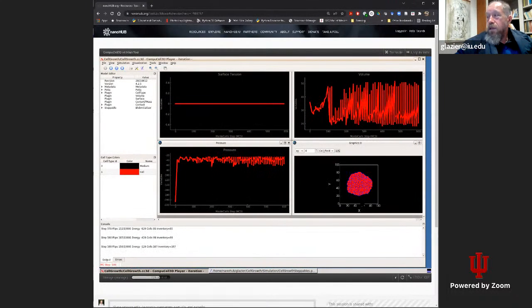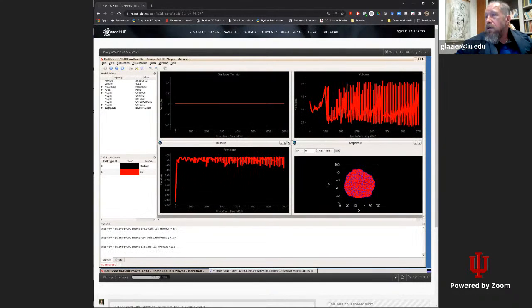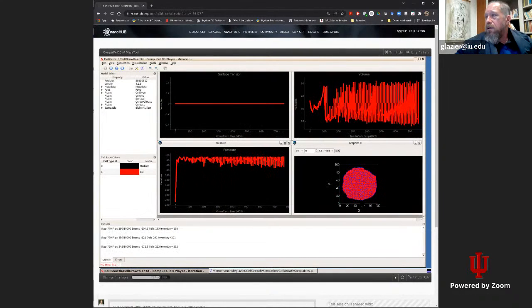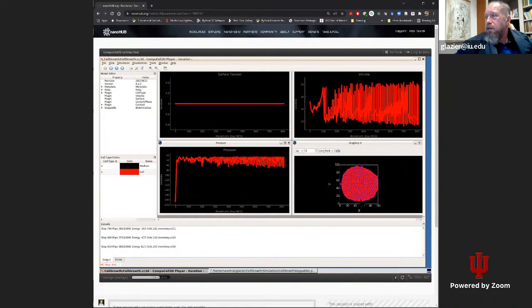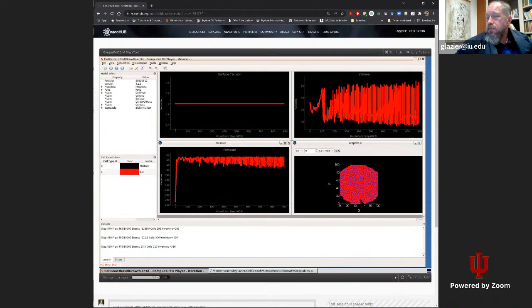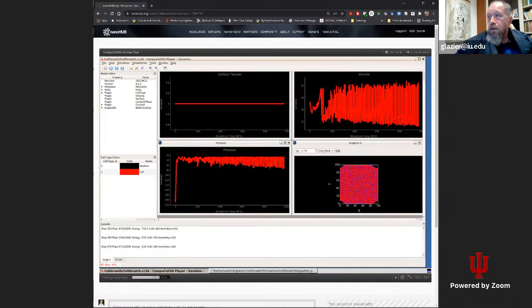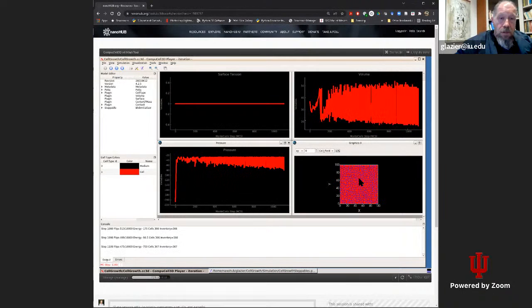It's still growing fast, but not as fast. And notice the pressure is staying bounded. It's not blowing up anymore. Everybody's getting to be more or less uniform size.